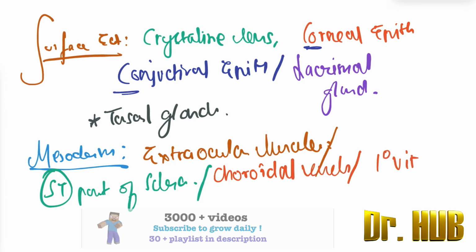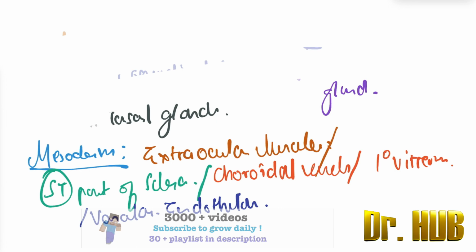Then the primary vitreous, as well as the vascular endothelium. Everything here comes under the mesoderm.